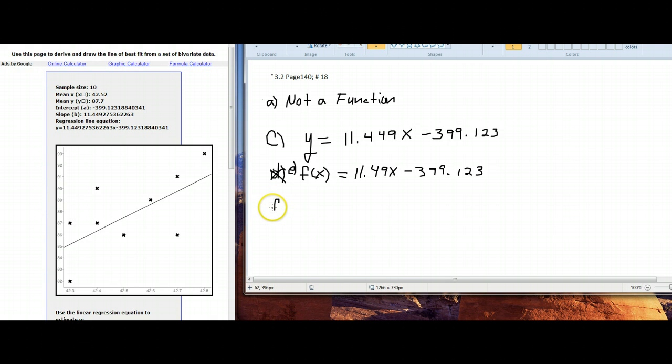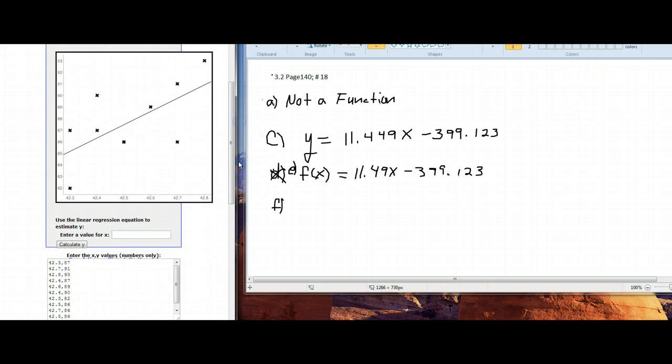Part F, we are told to use the linear model to predict the number of raisins in a box that weighs 42.5 grams. So that means we are going to enter a value into our calculator for x of 42.5.